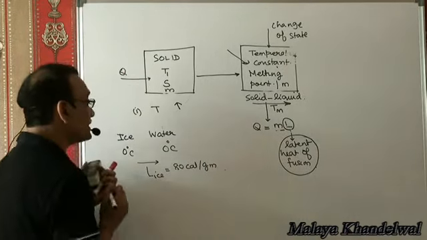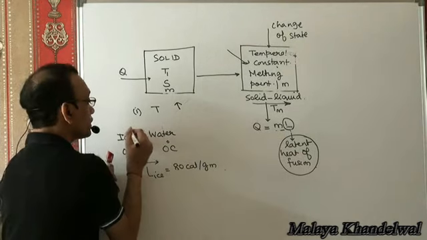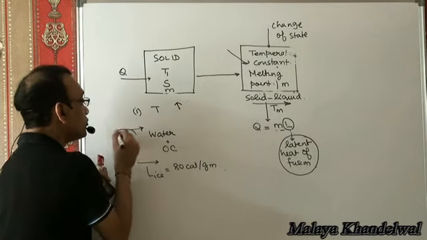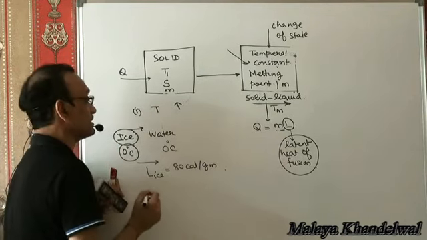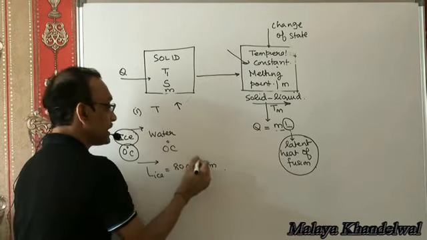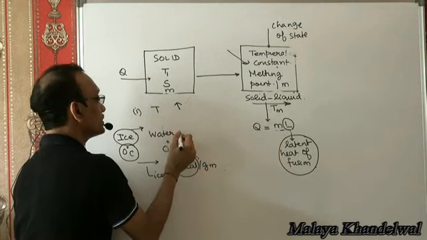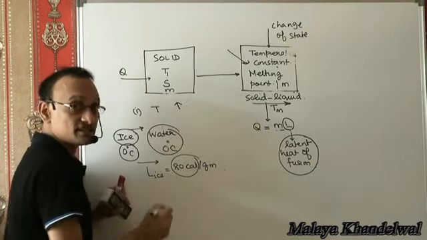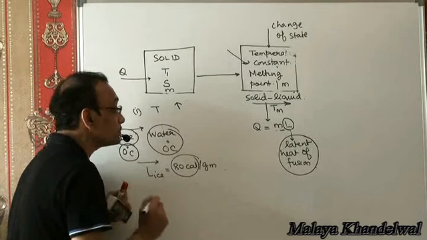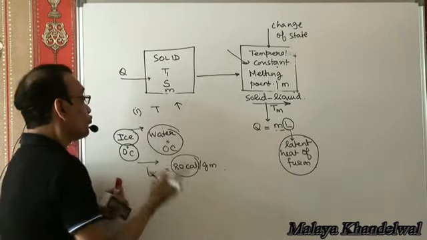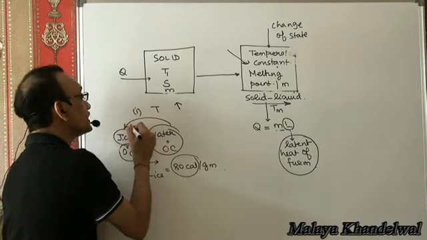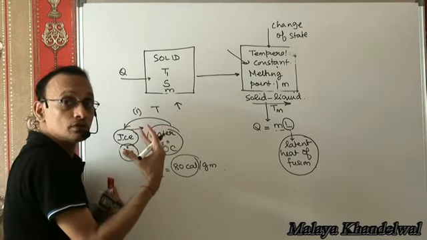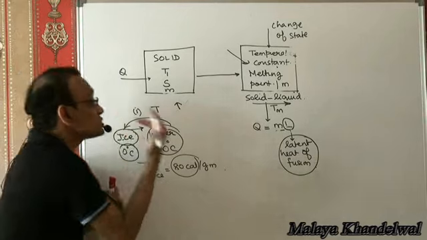Now, every gram of ice at 0 degree centigrade will require 80 calories of heat to get converted into water at 0 degree centigrade, right? But if I had water to convert into ice, that is not fusion. That is solidification.